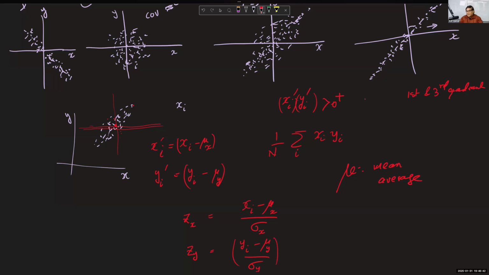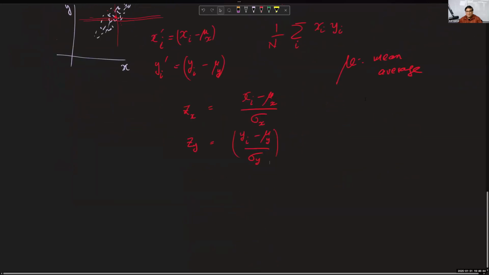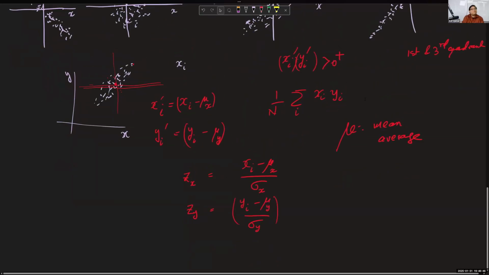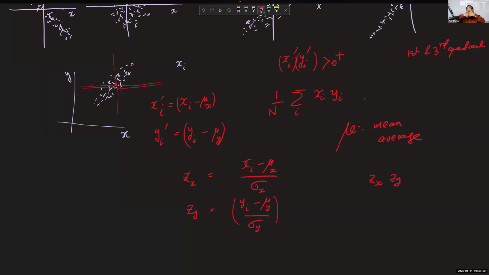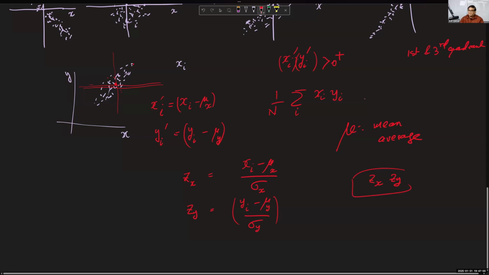Are we together? And now, if in this formula you instead use zx, zy, everything remains the same. Remember, the quantity will still be positive only if you have positive covariance. When you deal with it, and again, do it with i, do your usual game, sum over i, and this is called the correlation.